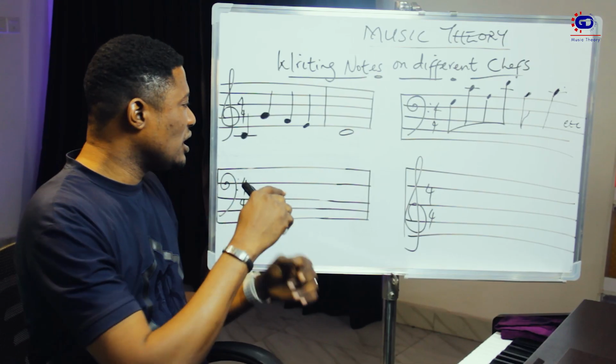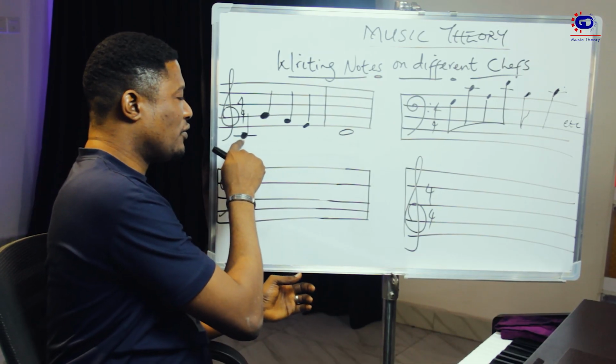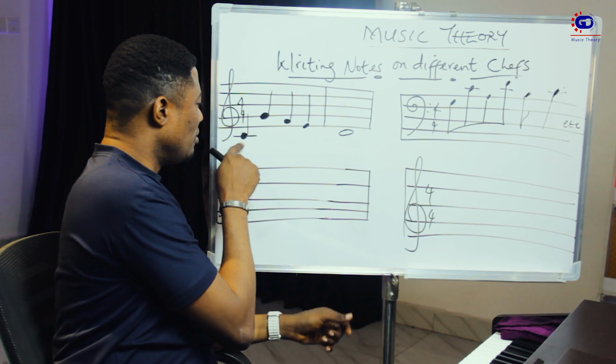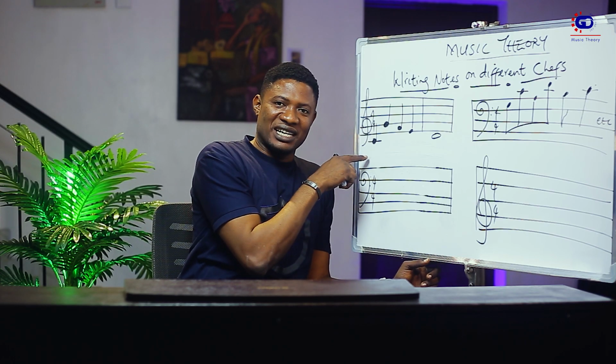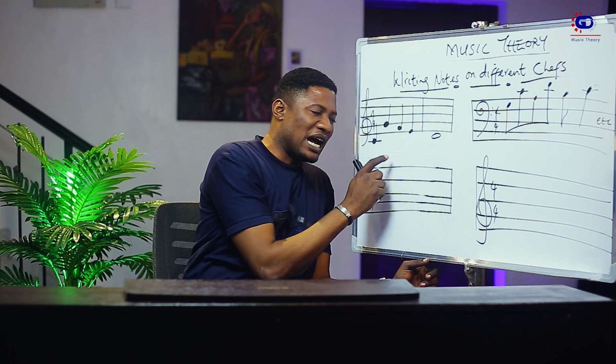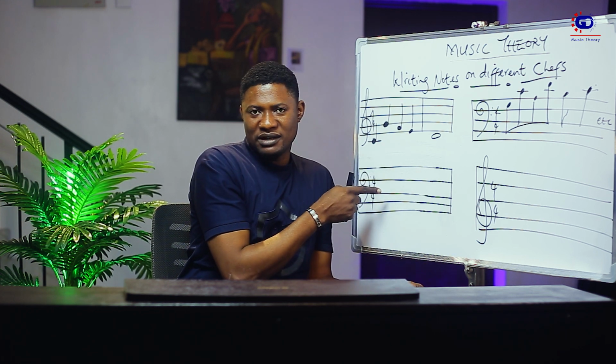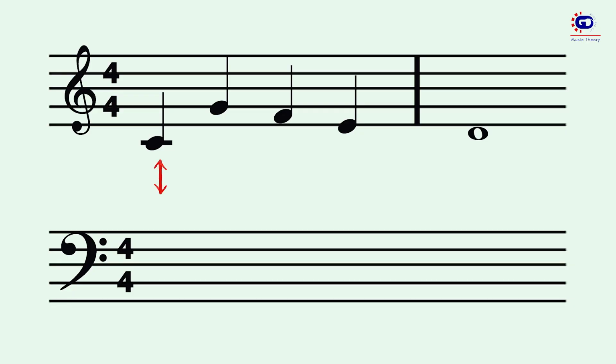So your middle C is the first ledger line below the treble clef, and it is the same ledger line, the first ledger line above the bass clef. So this middle C is also middle C for the bass clef, so it's super easy. So you have it as this middle C.